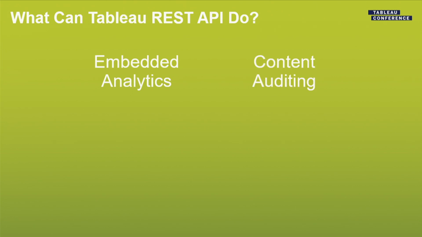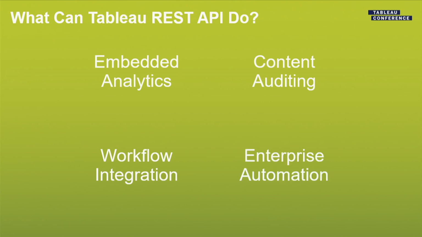And next is content auditing. Think about it as a server admin: you can use the REST API to ask questions like, how many users are actively publishing a workbook? Or how many users are under my site? Also, you can use the REST API as part of your workflow integration, such as the ETL process that you have. And today, we are focusing on enterprise automation.